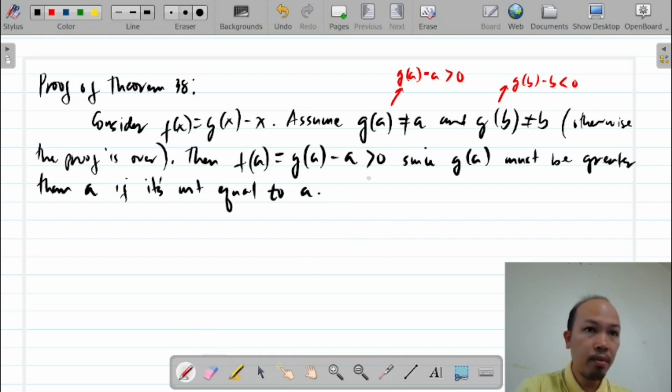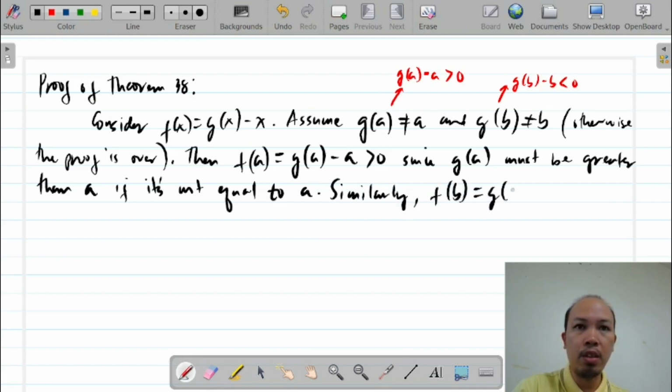Similarly, f of b is equal to g of b minus b. This is less than 0.